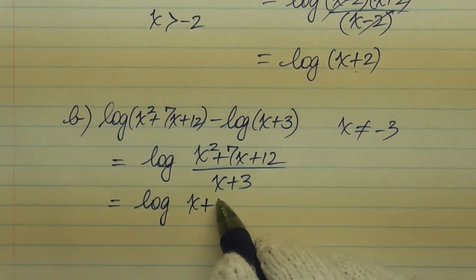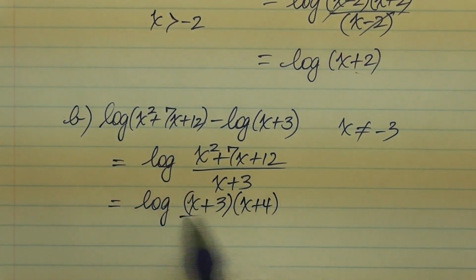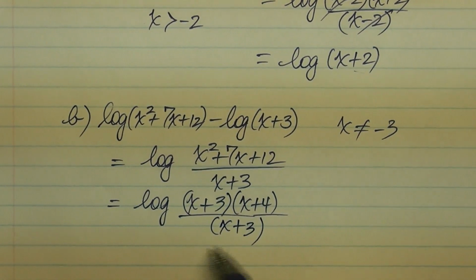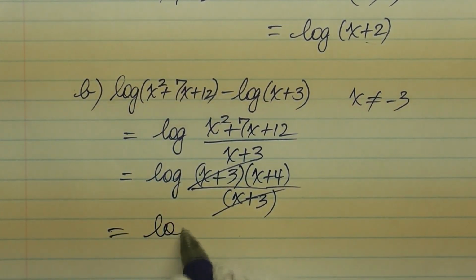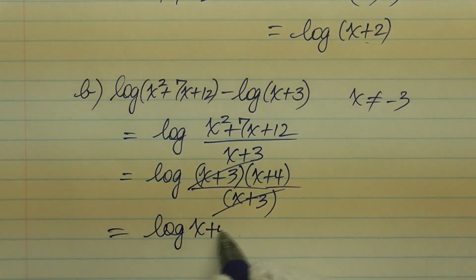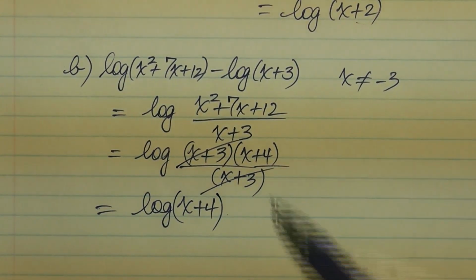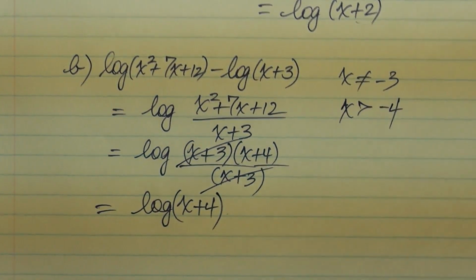X plus 3, x plus 4. That leaves us with log of x plus 4. And our only restriction is x must be greater than negative 4.